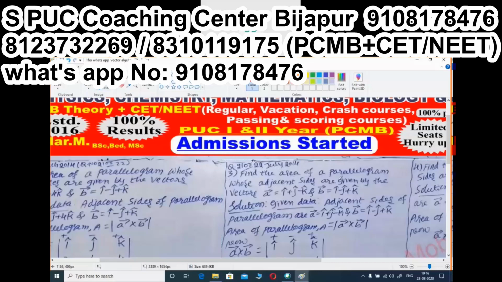Find the area of a parallelogram whose adjacent sides are given by the vectors: a vector is i cap plus j cap minus k cap, and b vector is i cap minus j cap plus k cap.